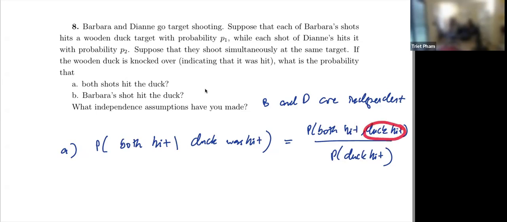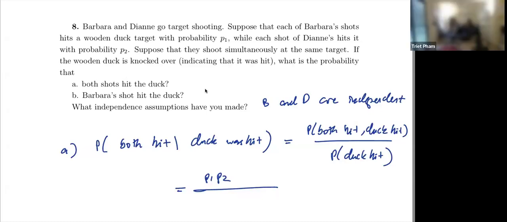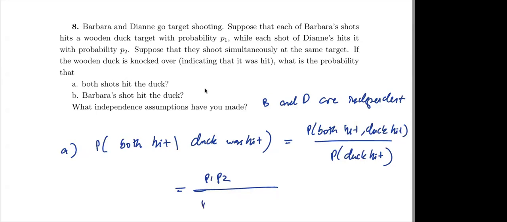So clearly, if both hit, that implies the duck is hit. The duck is hit if at least one person hits. So the first one clearly is P1 P2. What about the denominator? P1 plus P2? Not correct. P1 plus P2 minus P1 P2.